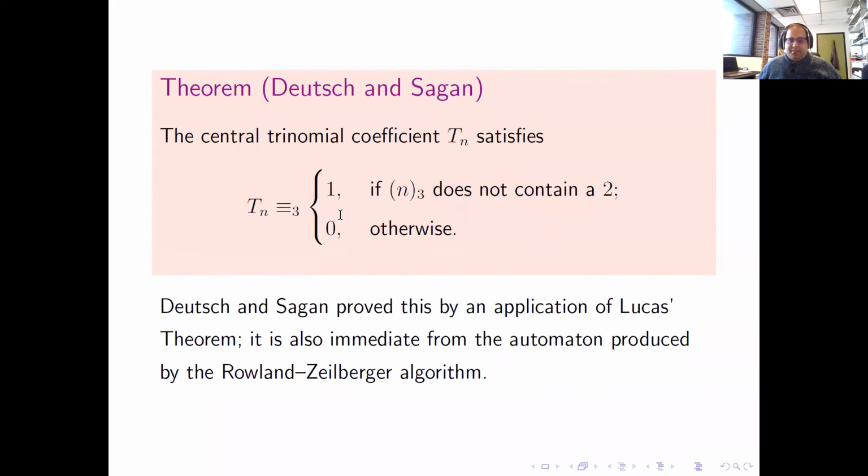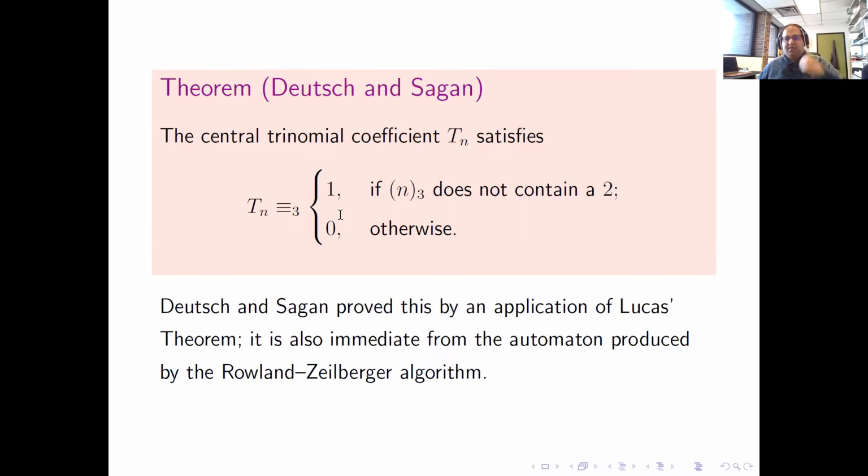Okay, so we can prove some sort of partial result in this direction. Deutsch and Sagan, again, looked at the Catalan numbers mod 3 and the central trinomial coefficients mod 3, and they proved a result like this.